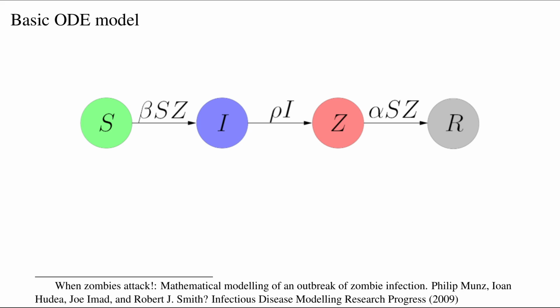The only way in which the zombies can be killed is if a susceptible person kills the zombie. And so there's a term, alpha SZ, which is saying that as the susceptible people and the zombies interact, there's a chance that the susceptible person will kill the zombie. And then they become part of the removed population.